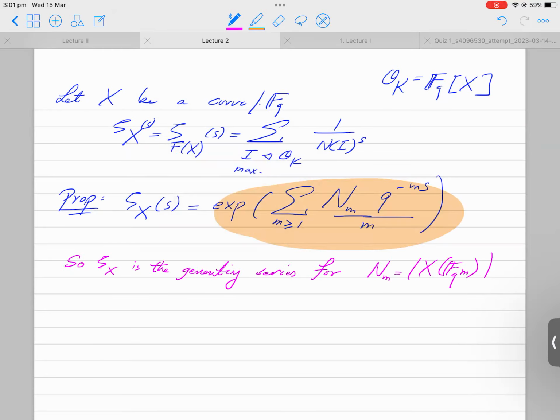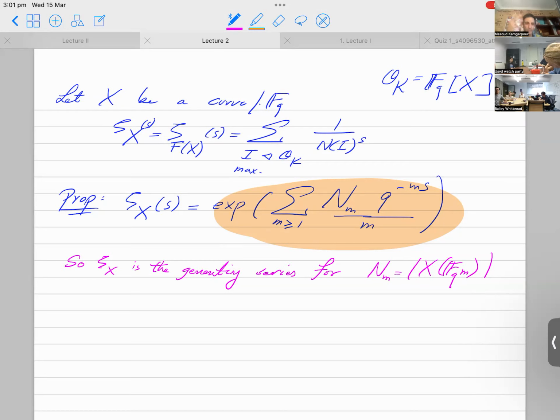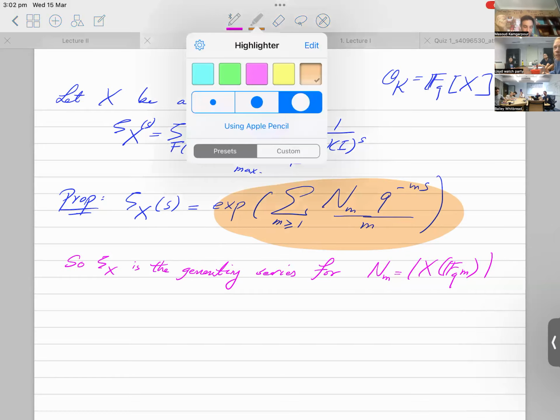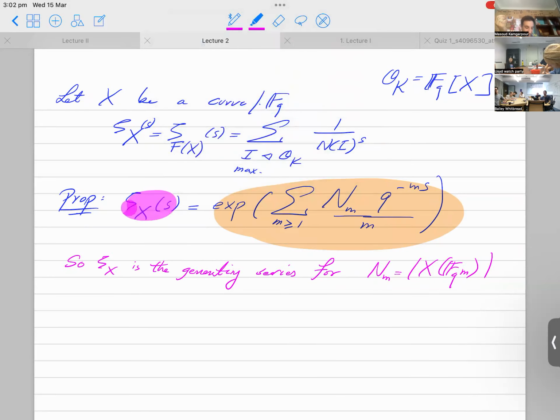But many people actually define the zeta function this way. You might ask, why is the generating series written in such a weird way, with the exponential and divided by m? It's precisely so that it agrees with the definition of the zeta function as defined by Dedekind, which generalizes the Riemann zeta function.